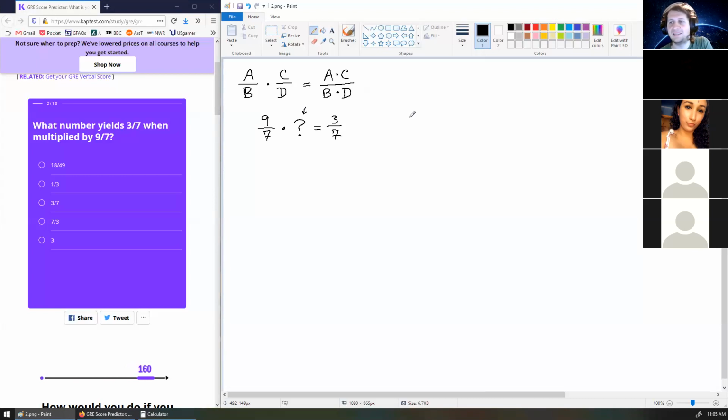So it has to be smaller. 9/7 is getting smaller when it's multiplied by that. So it has to be smaller than 1 because it's not increasing. So that eliminates 7/3 and 3. That's great. That got rid of almost half of the answers right off the bat.